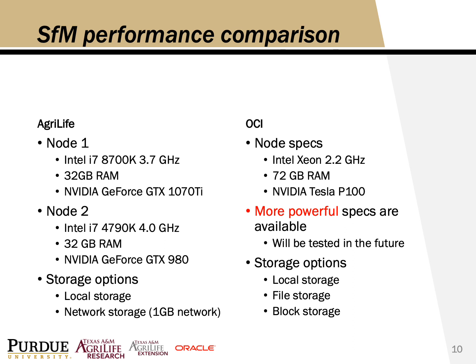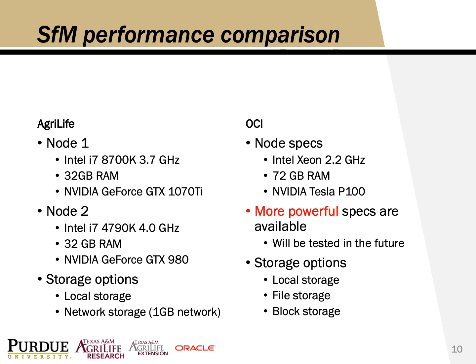As you can see from the left slide, for the AgriLife cluster we tested 2 different nodes. The first one is equipped with the Intel i7 8700K CPU with a 3.7 GHz clock speed, 32 GB of RAM, and an NVIDIA GeForce GTX 1070 Ti GPU.